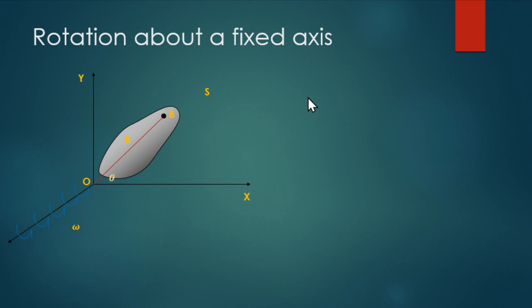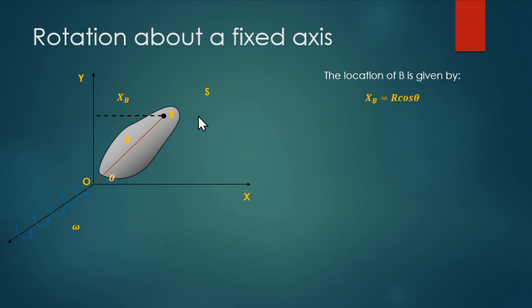First, we are locating point B relative to the y and x axis. The distance between the y axis and point B is x sub b, which is equal to r cosine theta, by your trigonometric function.